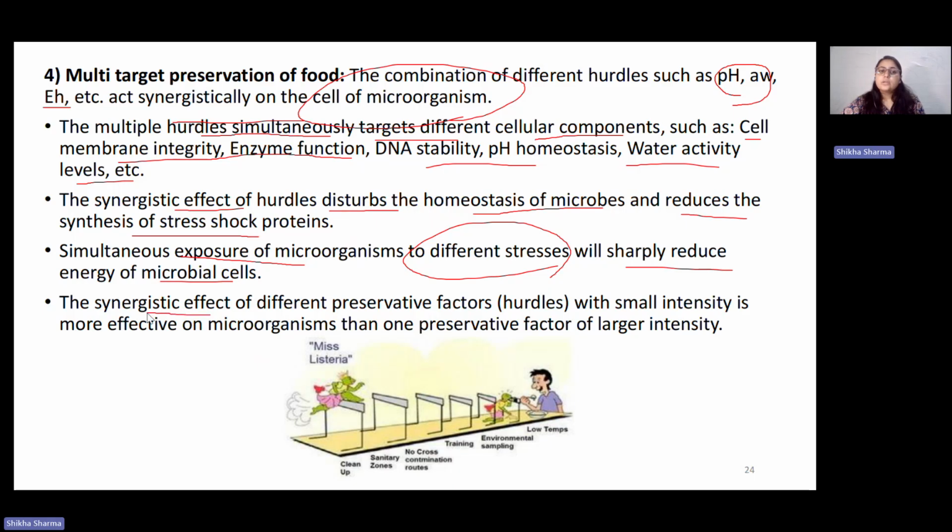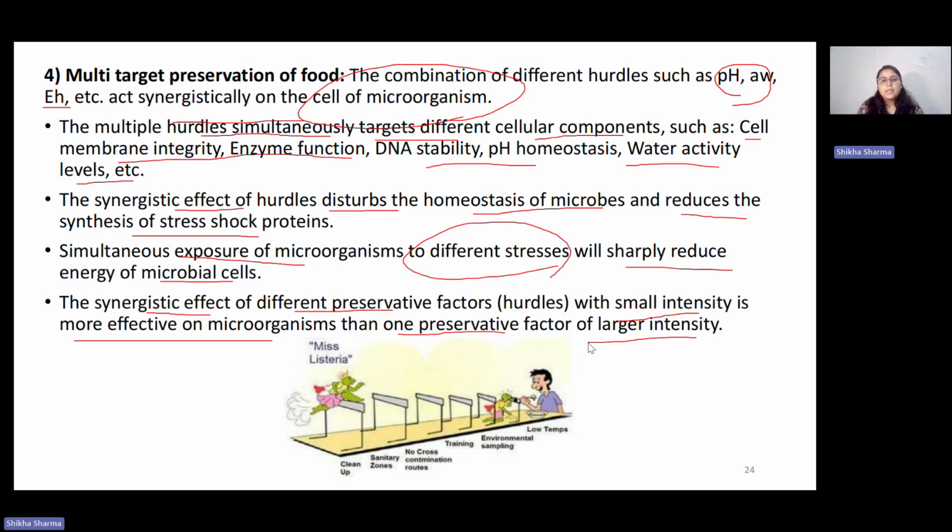So the synergistic effect of different preservative factors or hurdles with small intensity is more effective on microorganisms than one preservative factor of larger intensity. Suppose we are applying one preservative factor, for example a temperature of 121 degrees Celsius for sterilization purposes.